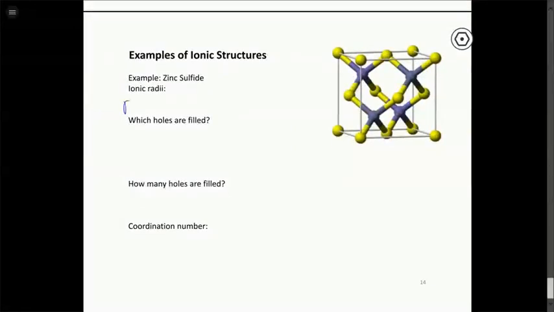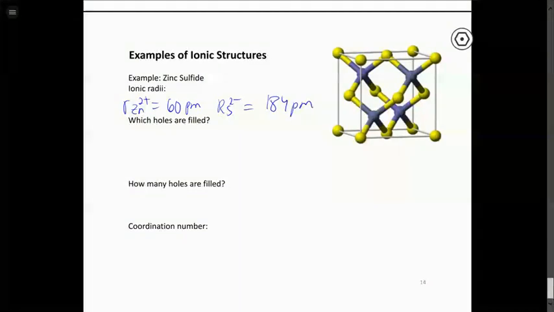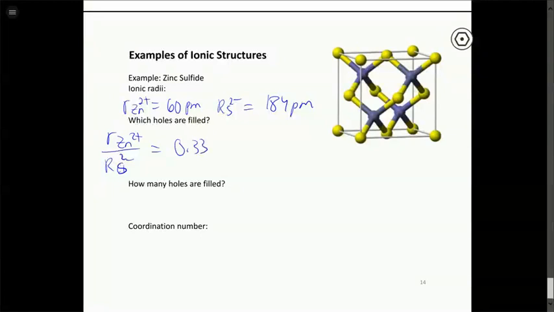If we look at the radii here, zinc 2 plus is 60 picometers, so very small because it's a 2 plus ion. And then S2 minus is quite large because it has a 2 minus charge. If we divide these two, the cation, the smaller one, divided by the anion, S2 minus in this case, that comes out to 0.33.